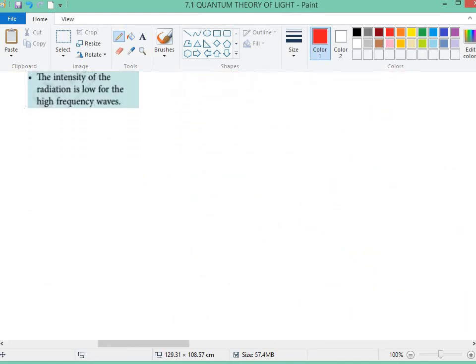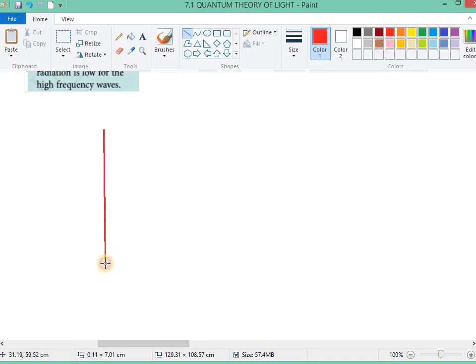Okay, let's imagine like this. Let's say you have, so this is wavelength, and this is the radiation intensity.